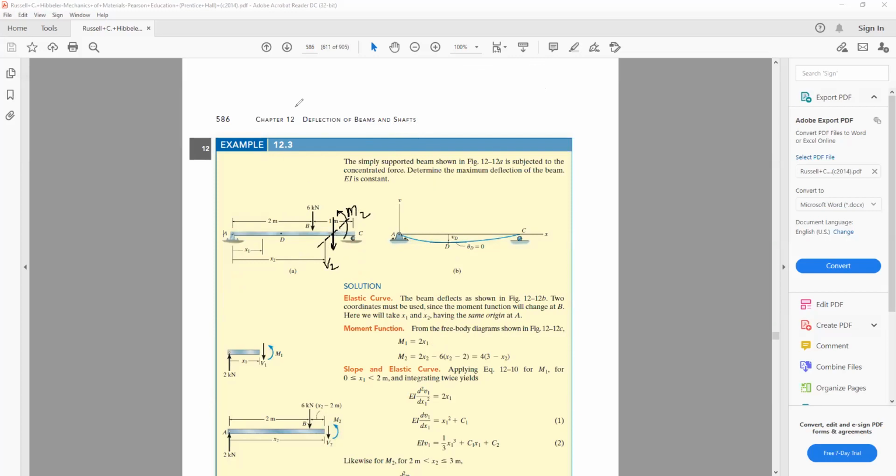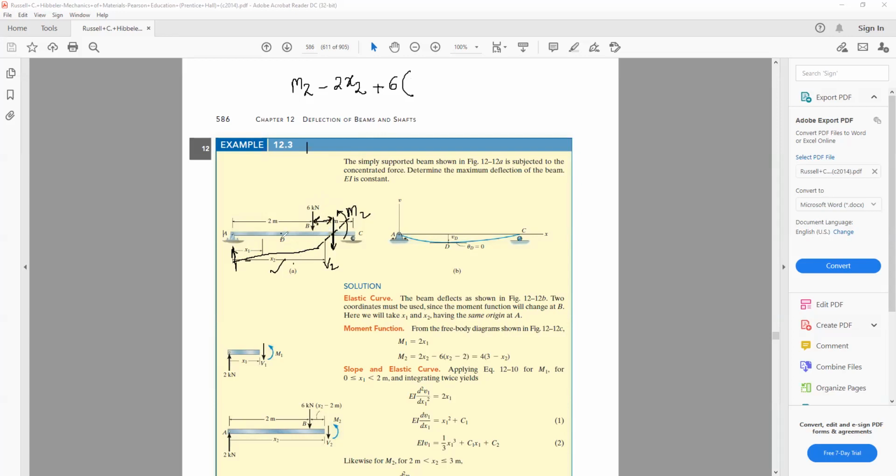So you will be having M2, and the moment because of this 2 kilonewton load, with this distance we are taking as x2, will be minus twice x2. And the 6 kilonewton is anti-clockwise, plus 6 kilonewton, and its force arm is this much.